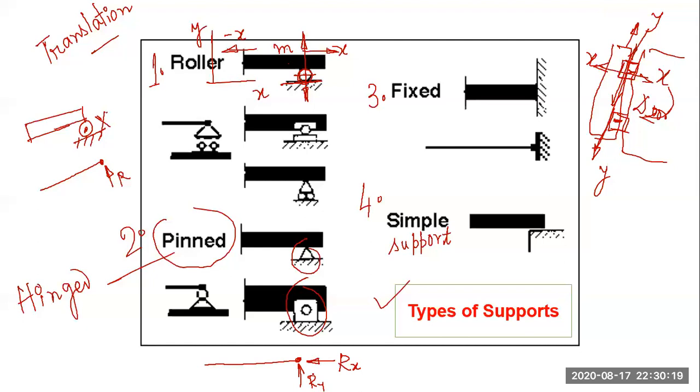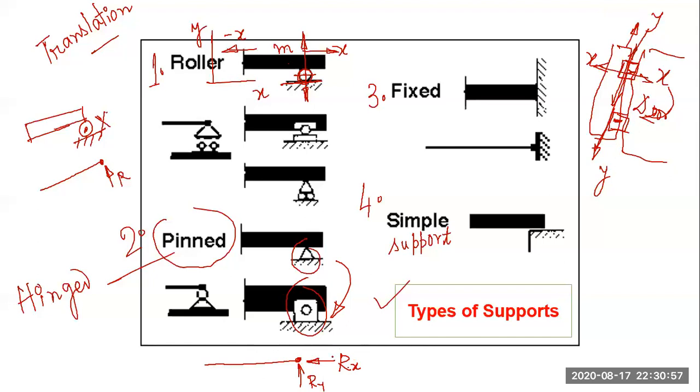If you get the negative sign after solving the problem, then you can reverse the actual or the conceptual free body diagram. But there is no fault in that. Conceptually, if you ask me, this Rx is actually the support reaction offered by the hinge support to the beam, so it should be towards the beam.